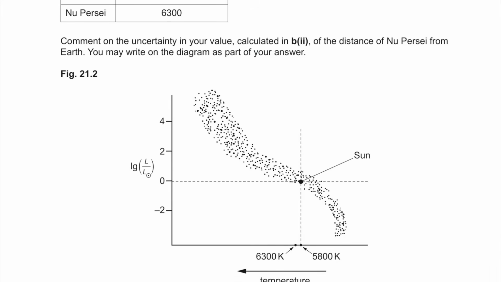At the surface temperature of 6300 kelvins, along the y-axis, you could have a range of luminosities, right? So if you look, we have this section of the main sequence, which is therefore going to lead to an uncertainty.